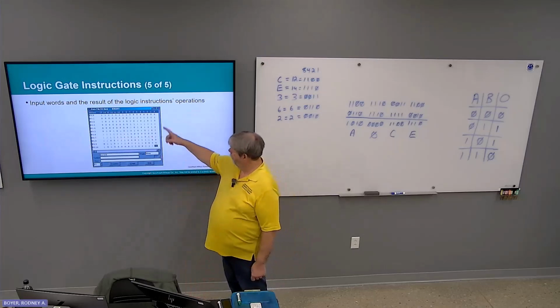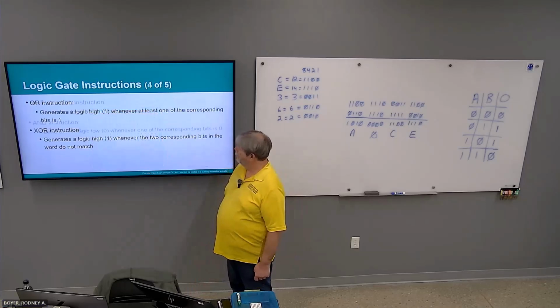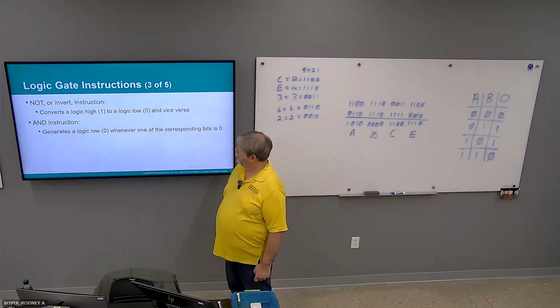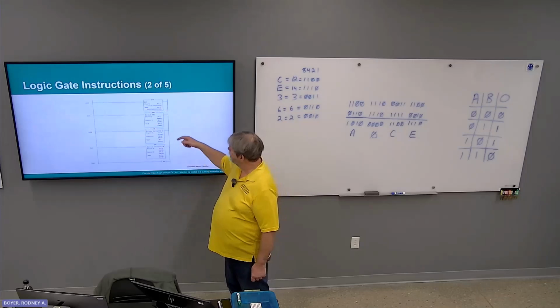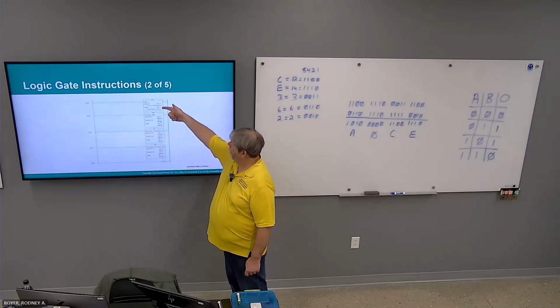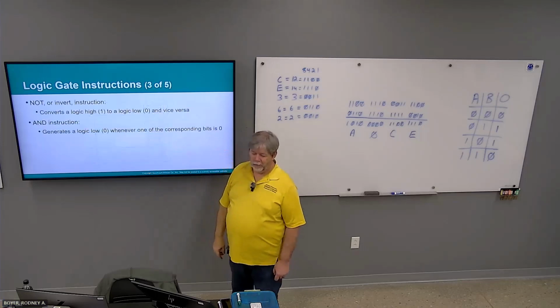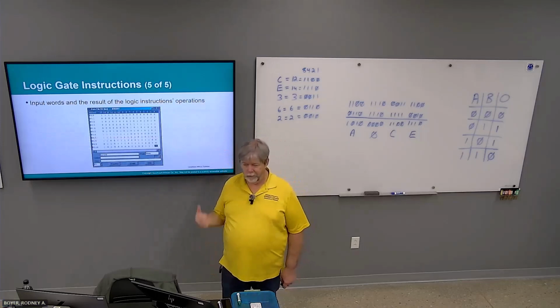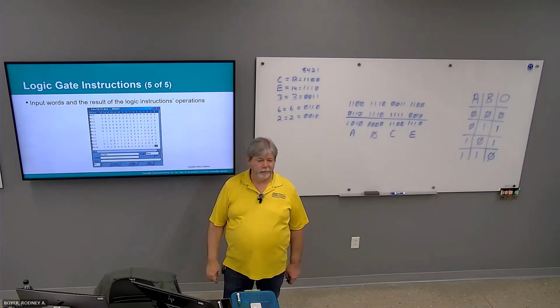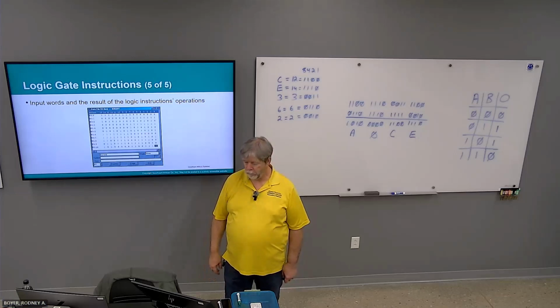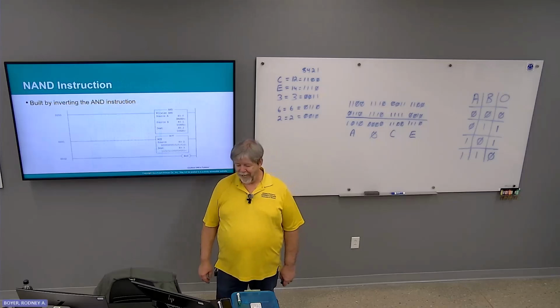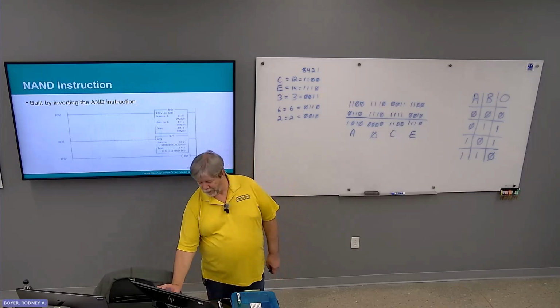If you look at those instructions, B3:0 is the input, B3:1 is the output, and so on. It's that chart. Okay. The NAND is built by inverting an AND.